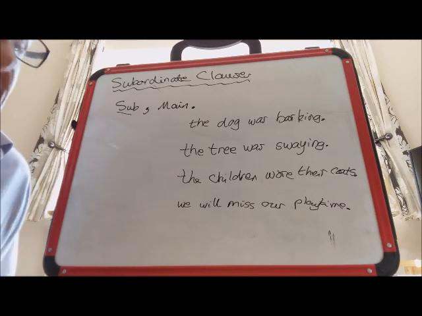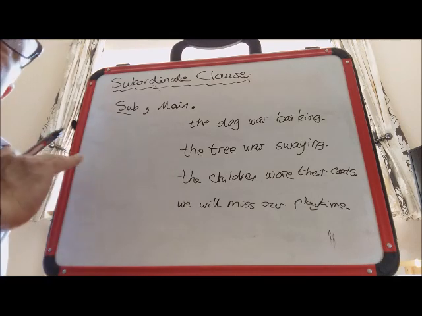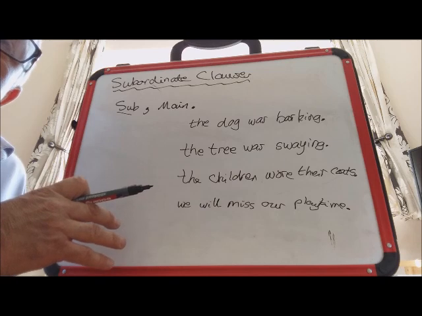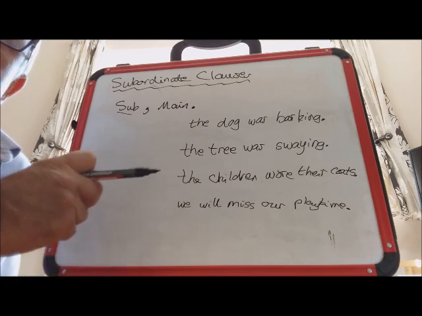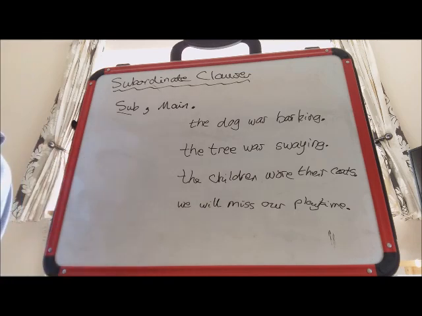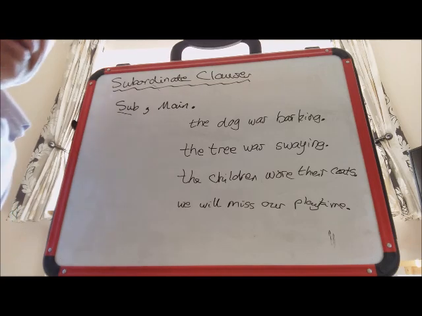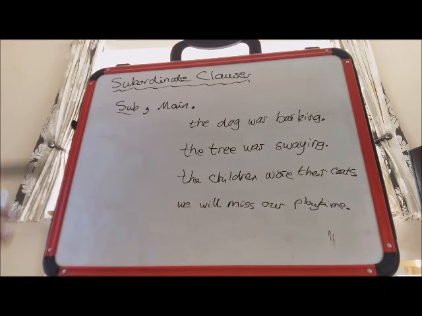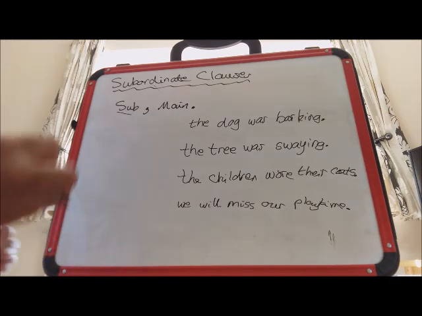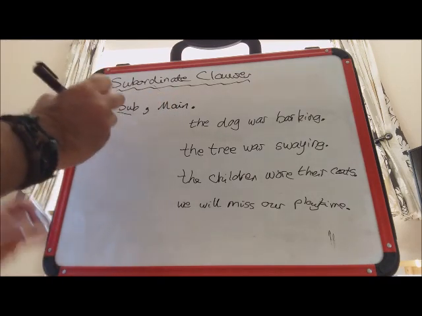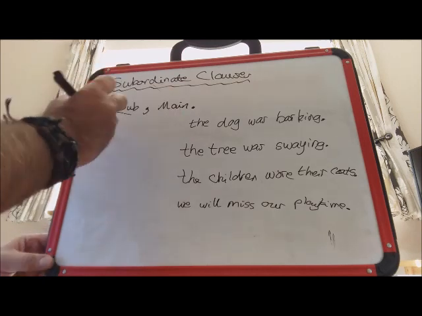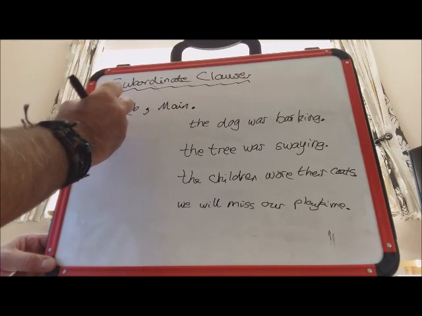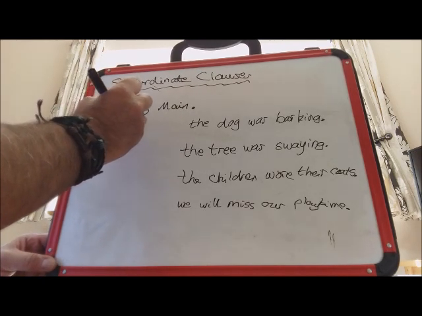Hello, me again. Now, with these, I'll give you my examples, my ideas. Obviously, your ideas won't be exactly the same as mine, but hopefully it will give you something to think about. So the dog was barking. What was making the dog bark? Maybe a cat. So because the dog saw a cat.